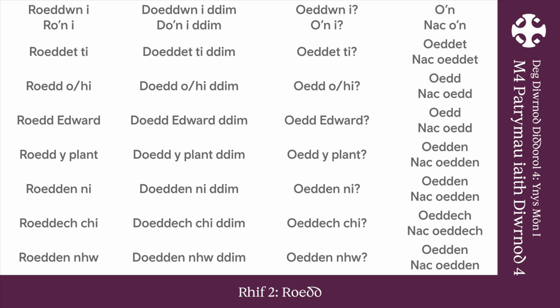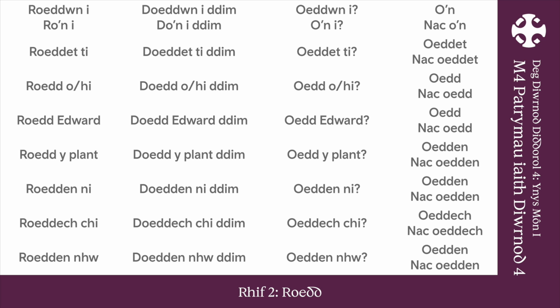Roeddwn i. Ro i. Doeddwn i ddim. Do i ddim. Oeddwn i? O i? Oeddwn. Nac oeddwn. Roeddet ti. Doeddet ti ddim.